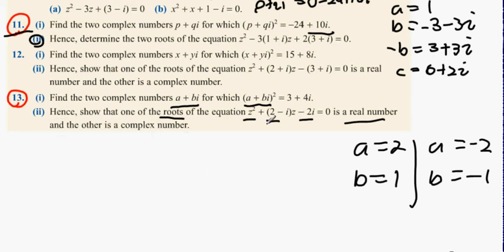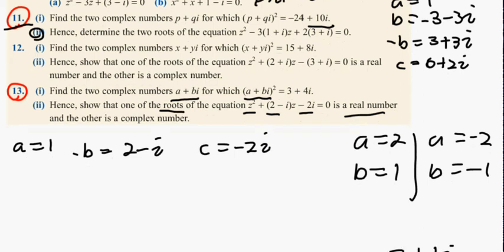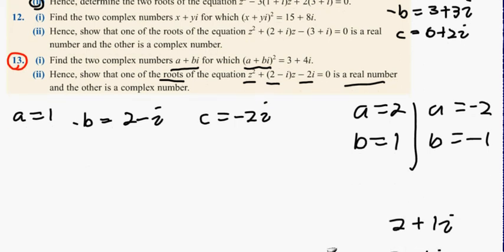So roots means solve the equation. It's a quadratic equation because it has a z squared, a z, and just a number without a z at the end. So what we're going to do is say that a equals 1, b equals 2 minus i, c equals minus 2i.